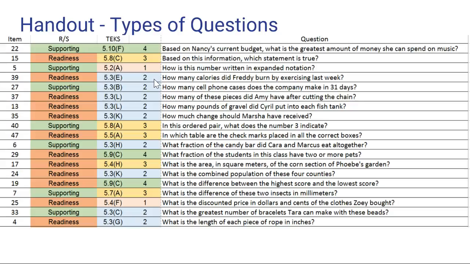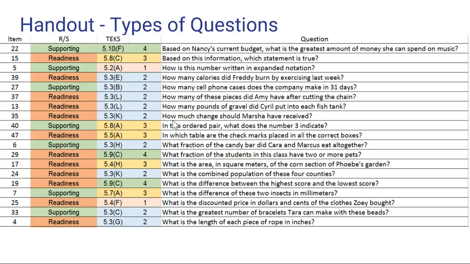So if you look at these, such as your how questions, in all grade levels, in 3rd, 4th, and 5th, it seemed like our how questions came more from our reporting category 2. So that would be something to think about. Also notice that we have mainly readiness standards that are involved with these how questions.